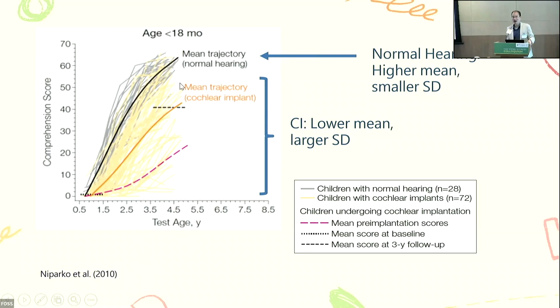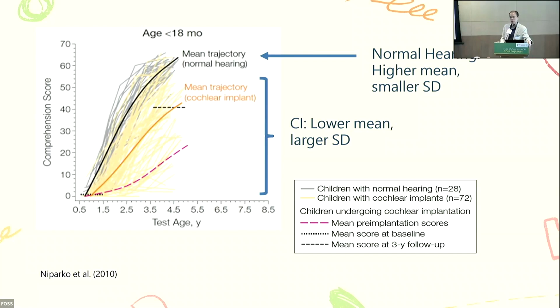You can see this fan-like structure, meaning there's a lot of variability in how well children with cochlear implants develop language. A child like this, after the cochlear implant, the child's spoken language is not very good, but a child like this develops very well, overlapping, even very similar to normal hearing children. If you look at normal hearing children, that distribution is a lot tighter. There's not as much variability.